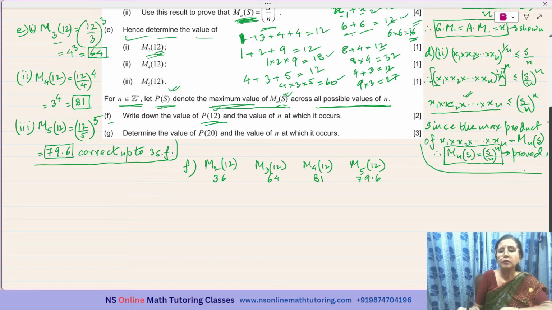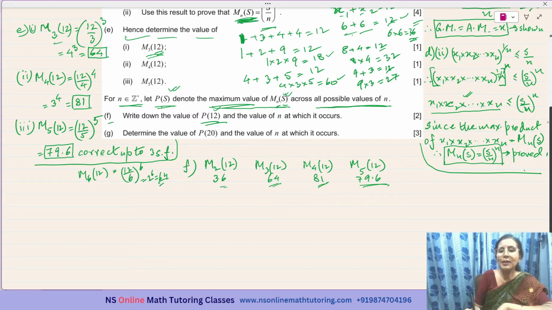Okay. So we are seeing that the values are increasing and it comes to 81 and then it starts to decrease. You can find M6 of 12 also if you want. You can just get one more. M6 of 12 is equal to 12 over 6 raised to the power of 6, which is 2 raised to the power of 6, which is 64.